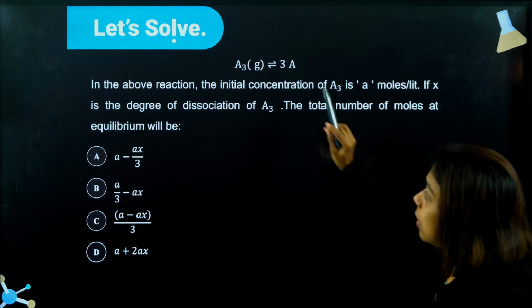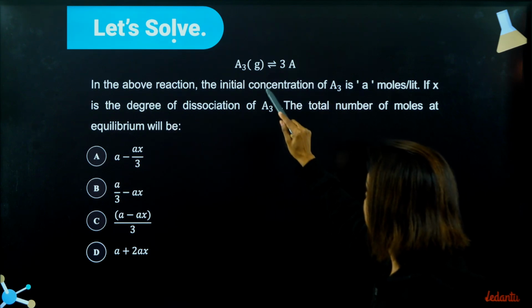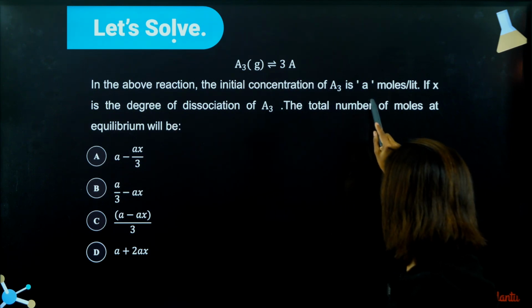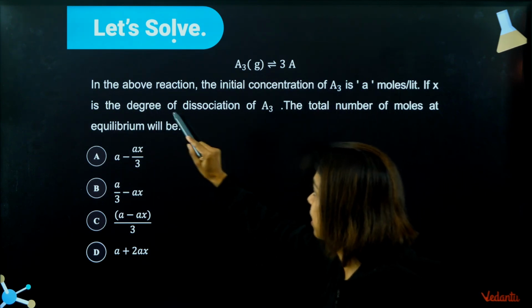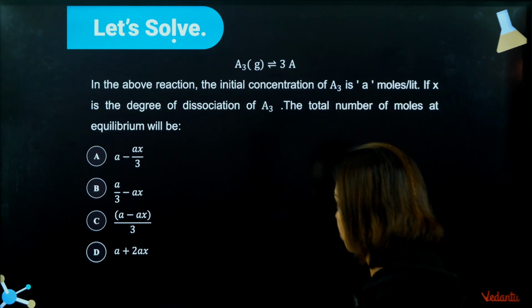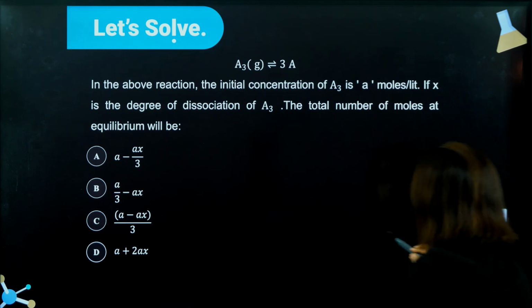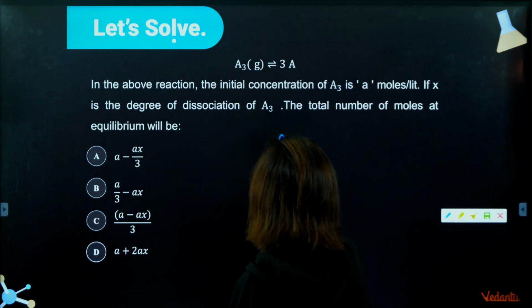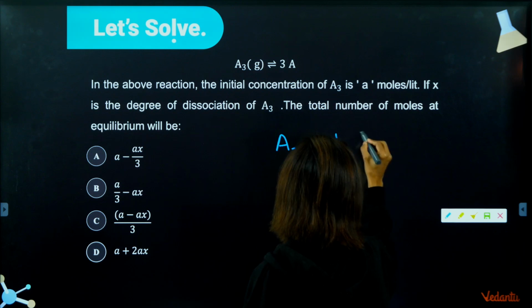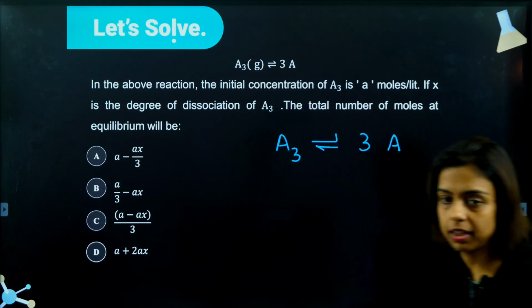Okay. Now the question is, A3 gives 3A. In the above reaction, the initial concentration of A3 is A moles per liter. If X is the degree of dissociation of A3, the total number of moles at equilibrium is. Okay, the initial concentration is given to us. A3 gives 3A. Got it, guys?